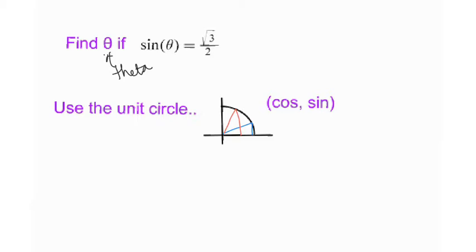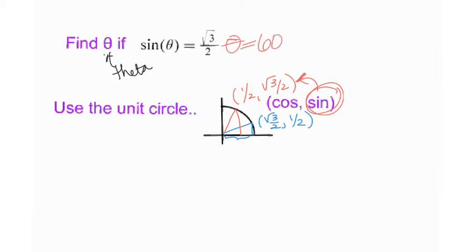So then I remember that for my 30 degree, it's longer, so it's going to be square root of 3 over 2 is the long side and 1/2 up, which means my 60 degree triangle is 1/2, square root of 3 over 2. And then I have to remember that sine is the y value. So which one of these have sine as the y value? Theta would equal 60 degrees.